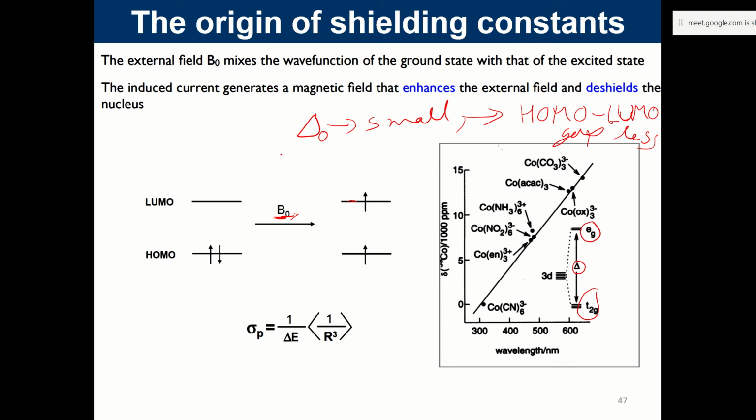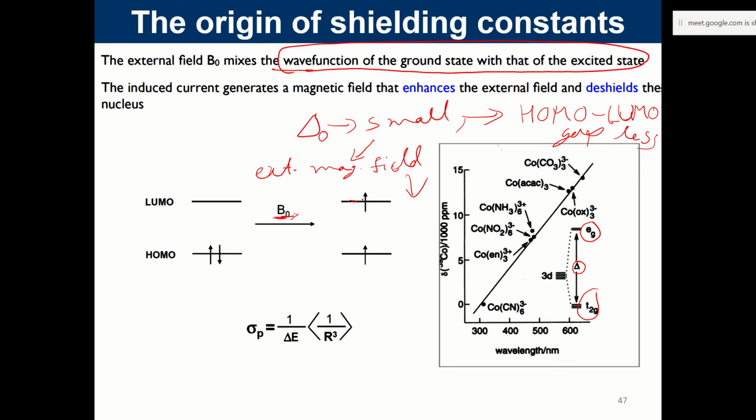So the external magnetic field, when this gap is small, will cause a mixing of the wave function of the ground state with the excited state.